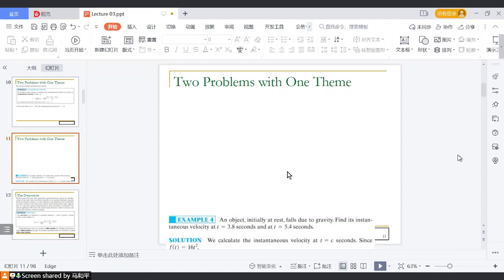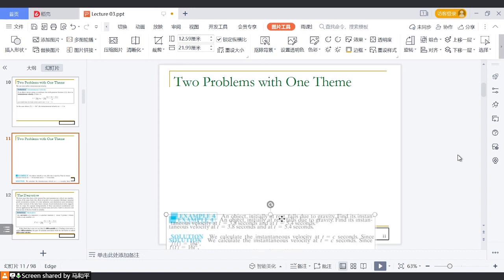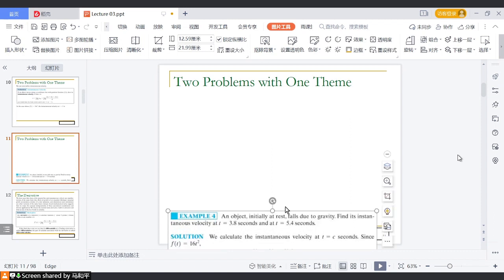Find its instantaneous velocity at t is 3.8 seconds and at t is 5.4 seconds. Here we give the function for gravity, f(t) is 16t squared. So you should calculate this one just at 3.8. Try to finish this.